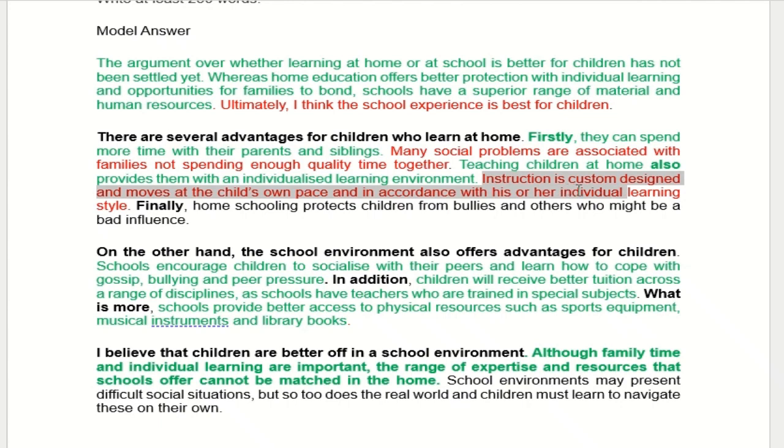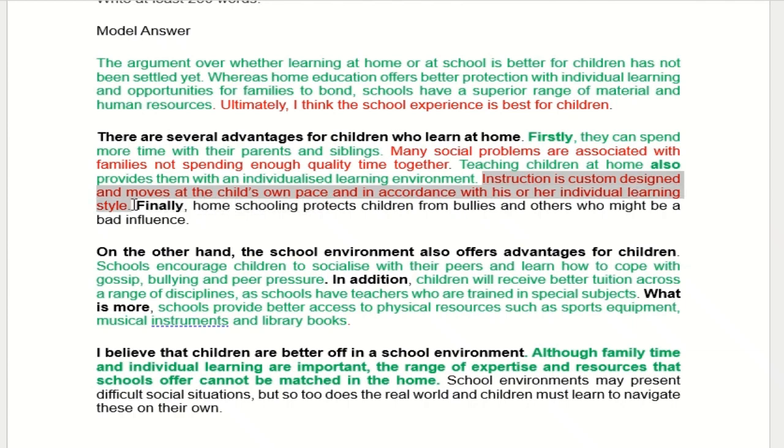It says instruction is custom designed. That is, when you are teaching children at home, the instruction you give to them is designed to meet their specific needs, and moves at the child's own pace and in accordance with his or her individual learning style.